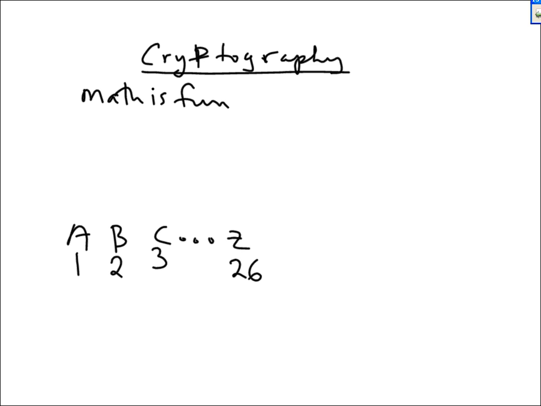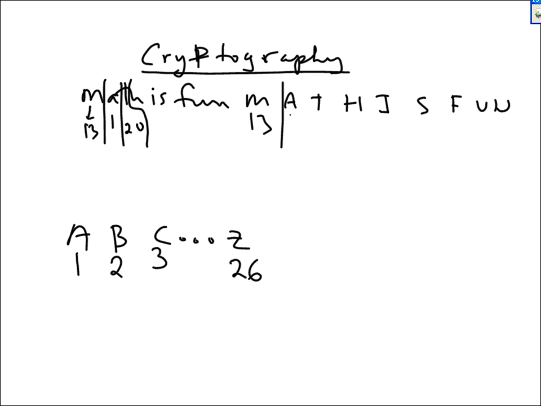Whenever you want to write Z, you write the number 26. I've actually worked this out. So let me just spread it out a little bit more, please. Math is fun.